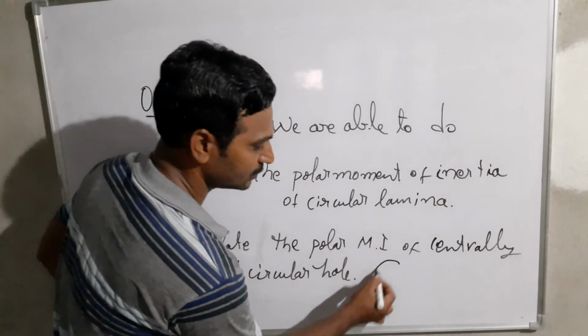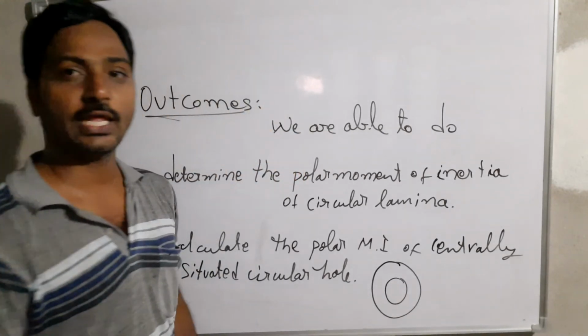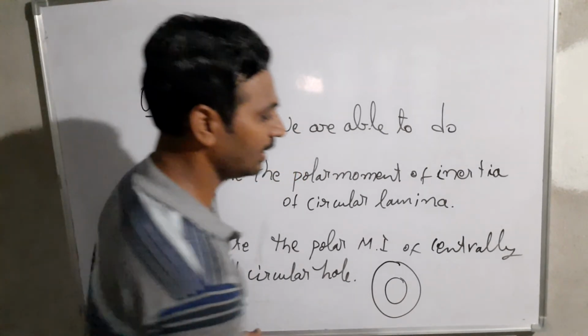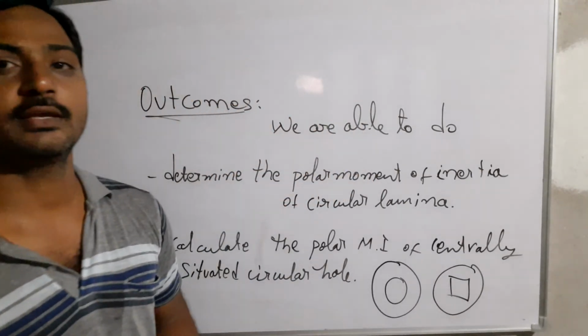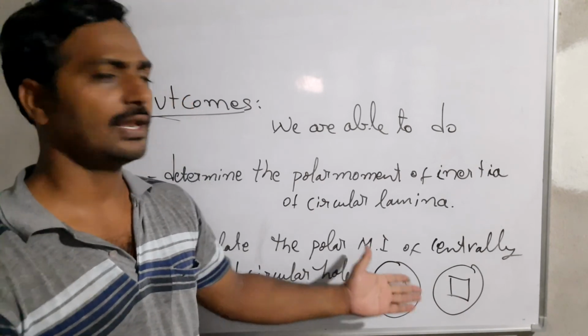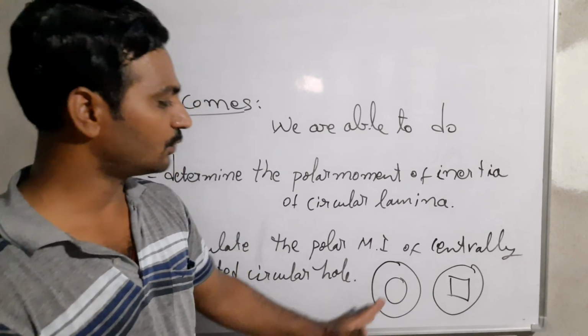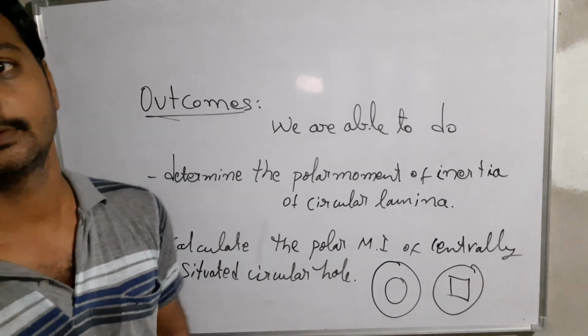Suppose this is the complete circle and there is a hole; we can calculate that. Similarly, if there is a circle and a square hole, we can easily calculate the moment of inertia. Not only this, we can also calculate irregular shapes.